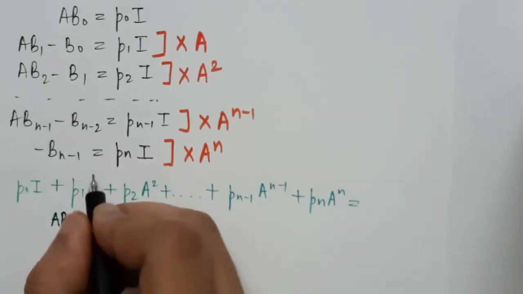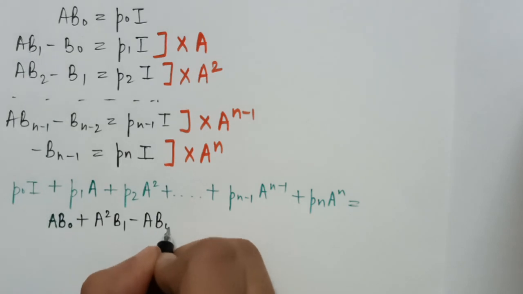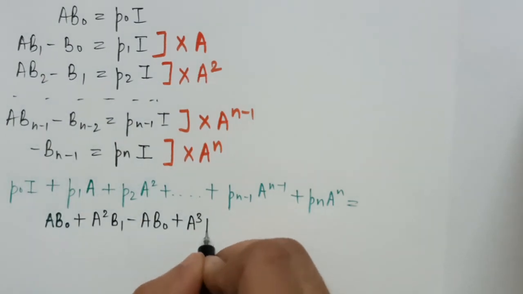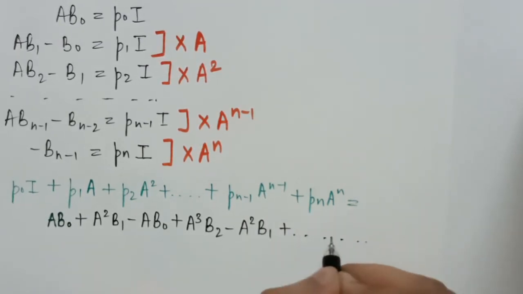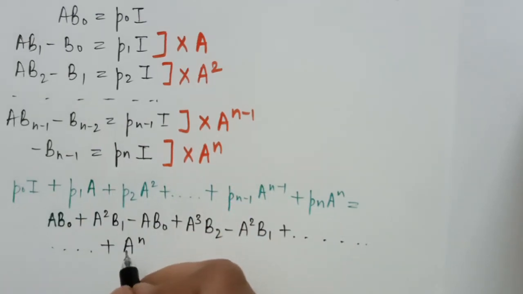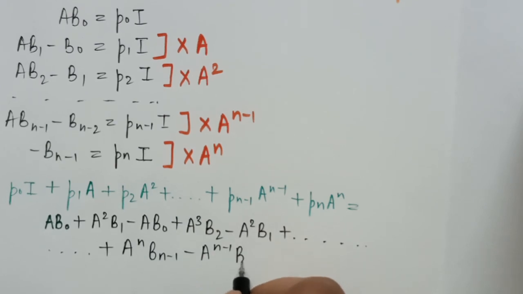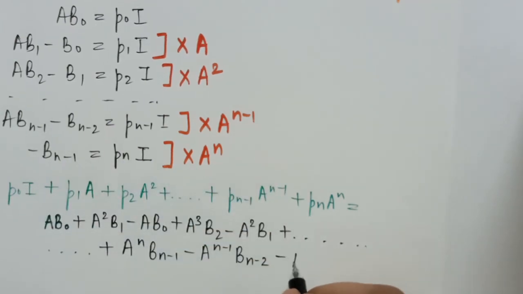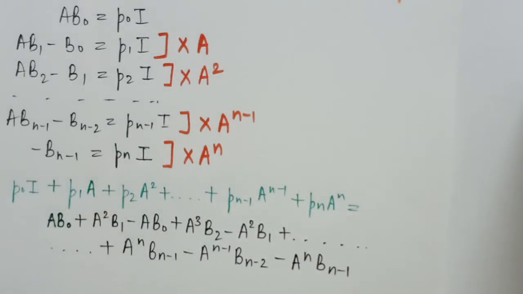AB0, and then it's A square B1 minus AB0, and then there's A square into AB2, it will become A cube B2 minus A square B1, and continuing the same way, it's just A^n B_{n-1} minus A^{n-1} B_{n-2}, and it is at last minus A^n B_{n-1}. So this is the equation that we have got at last.